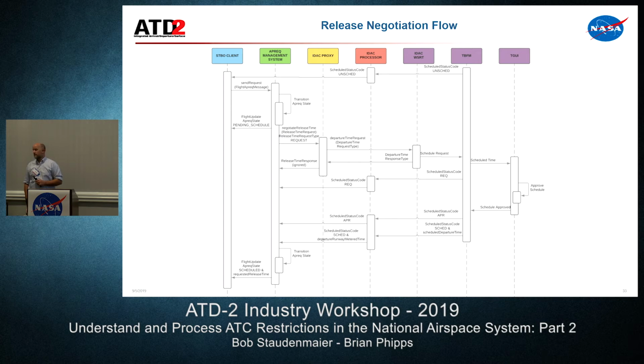Okay, the question was, just so it's on record: back before IDAC and IDST and before TBFM, how did they do APREC? So basically the request was sent out via FDIO to the towers, who put them on call for release.